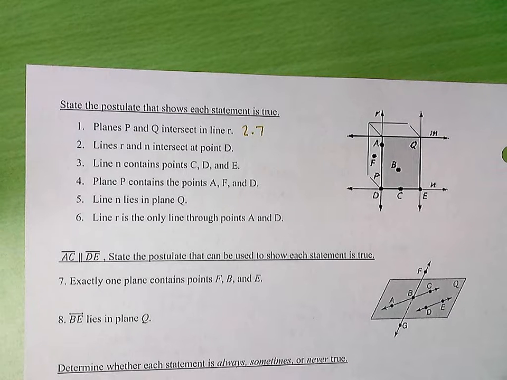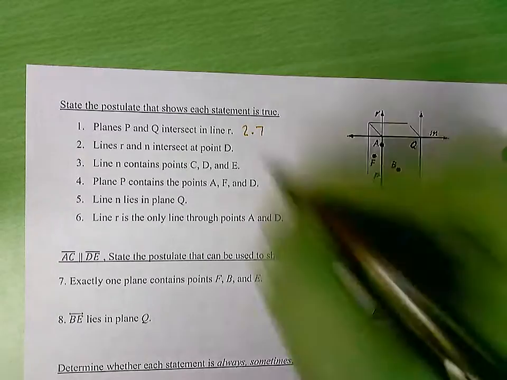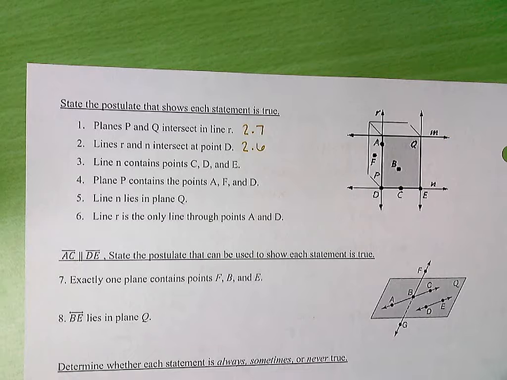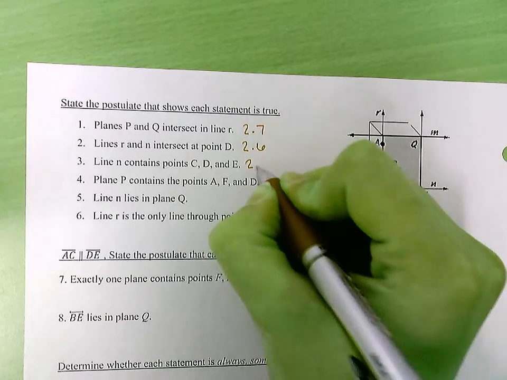Number 2, lines R and N intersect at point D. So I have 2 lines that intersect at 1 point. 2.6. Number 3, line N contains points C, D, and E. So a line contains points. 2.3.